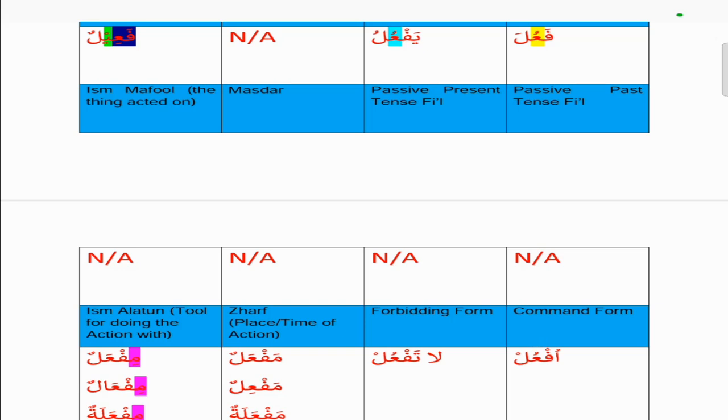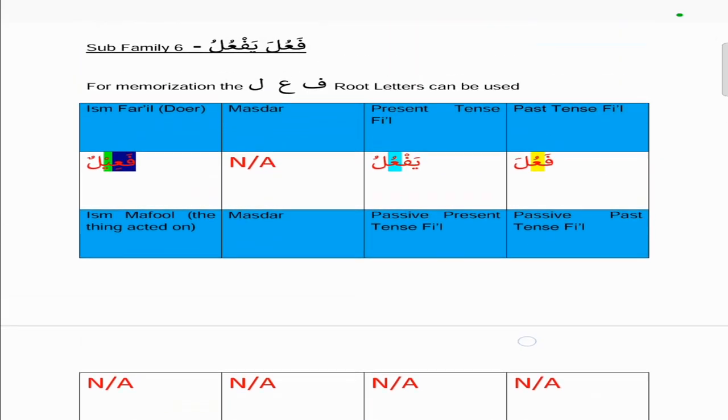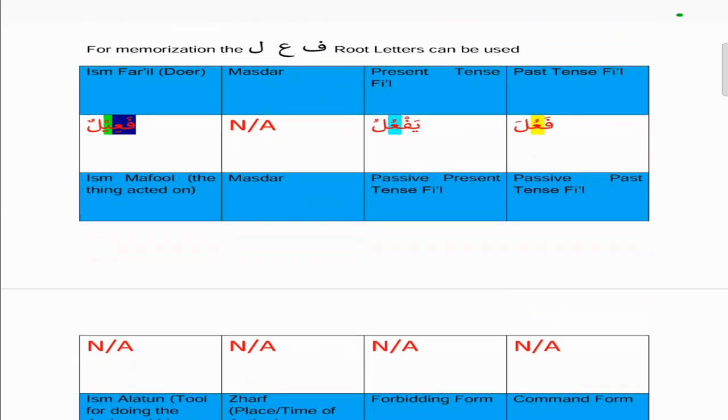And the other thing that we notice about subfamily 6 is that it is a lazim fi'il, meaning it doesn't take a maf'ul bihi. And a lazim fi'il also means that there's no passive version. If you remember when we were talking about transitive and intransitive verbs, the rest are muta'addi, so subfamilies 1 to 5 can have passive versions.